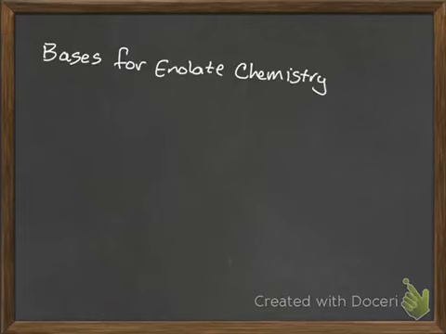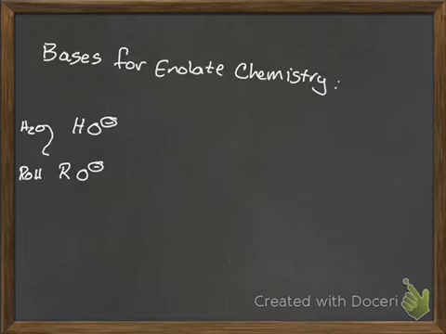Now, there are the ones that everyone always likes to go to, probably because it's the first base that we really do anything with in organic chemistry, which is hydroxide or alkoxide. Both of these, the parent water and alcohol, tend to cruise in with a pKa of roughly 15 to 16.